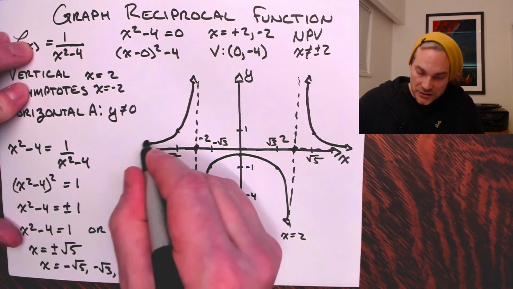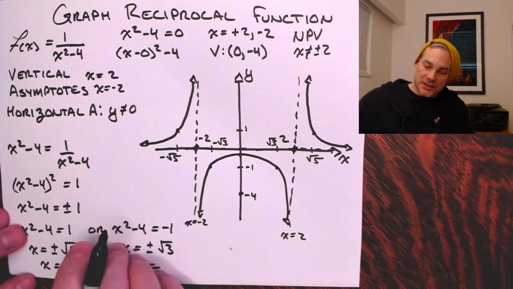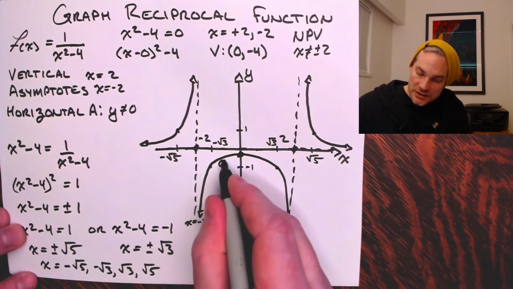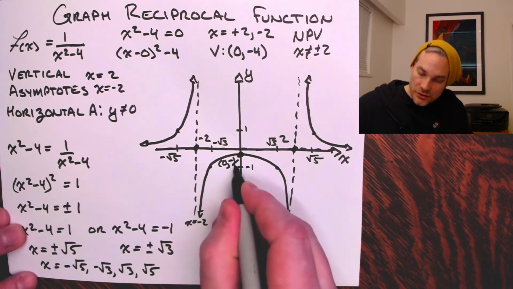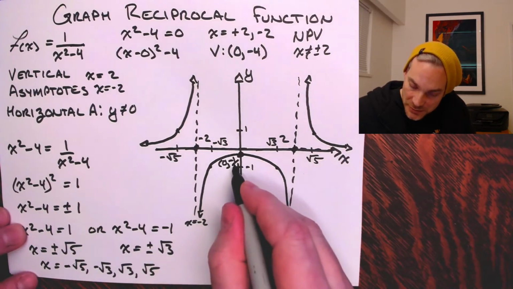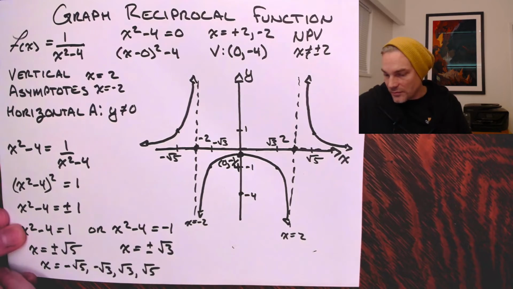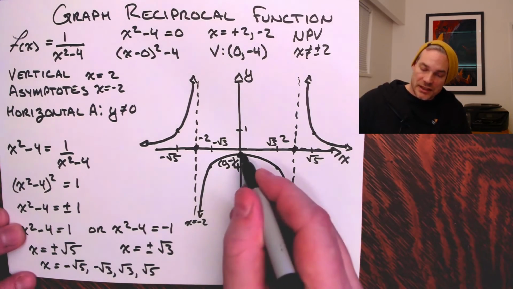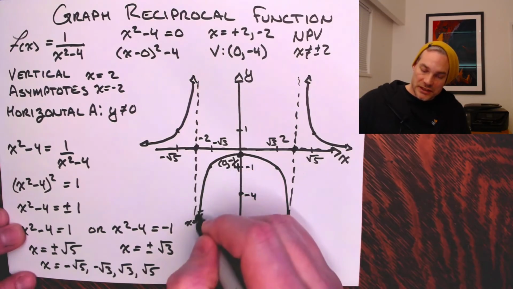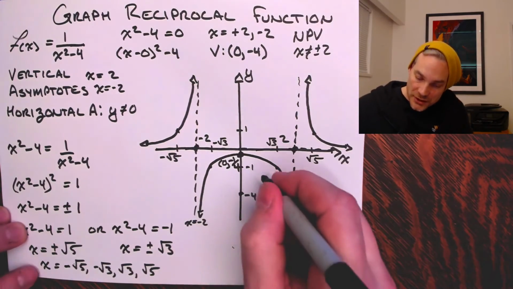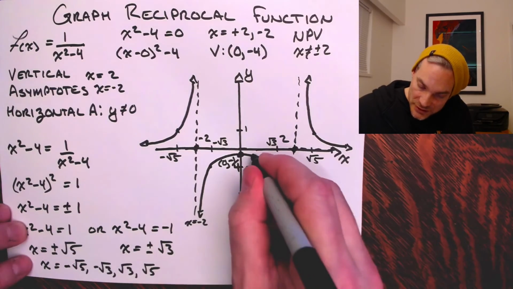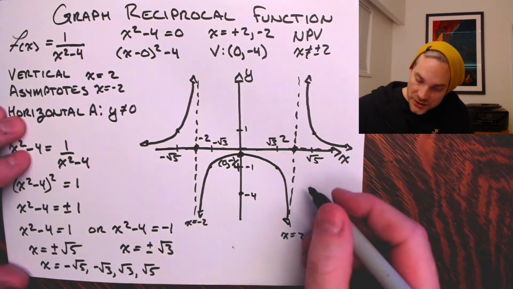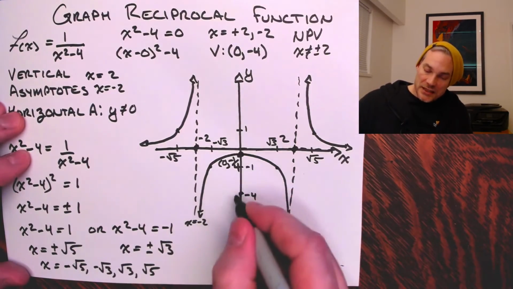The pattern of these graphs becomes more and more obvious. The reason I wanted that vertex is because right here is the point (0, -1/4). That might be a little hard to see. That is essentially the highest y will go on this one section. I've run out of room in there. It's so tight with this Sharpie. But this is essentially the maximum height that it can go.